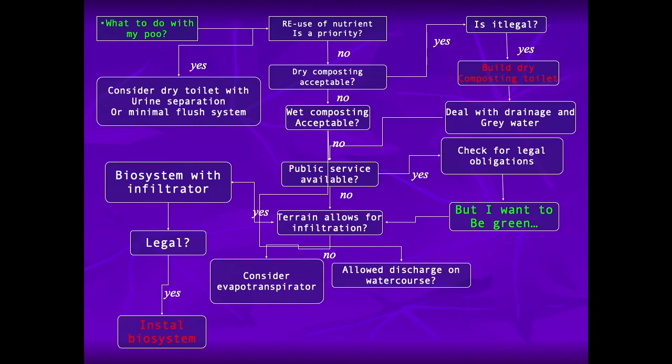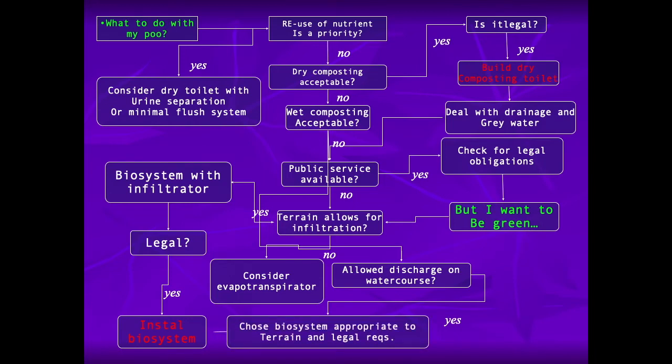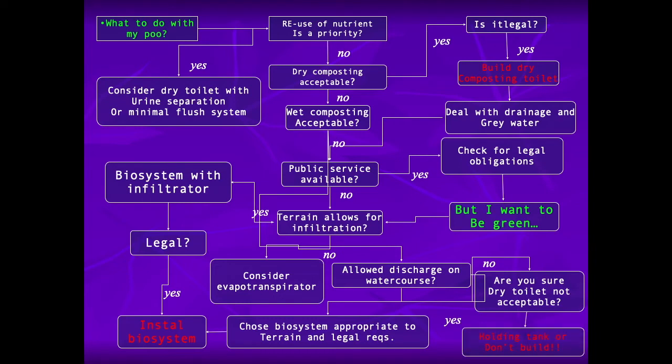If it cannot be infiltrated on land, on site, you need to reconsider about dry toilets and not using black water in that system. But you can always choose your biosystem according to the terrain and according to the legal requirements where you live. So you can pause this video anytime to have a look again at this flow diagram to make your decisions.